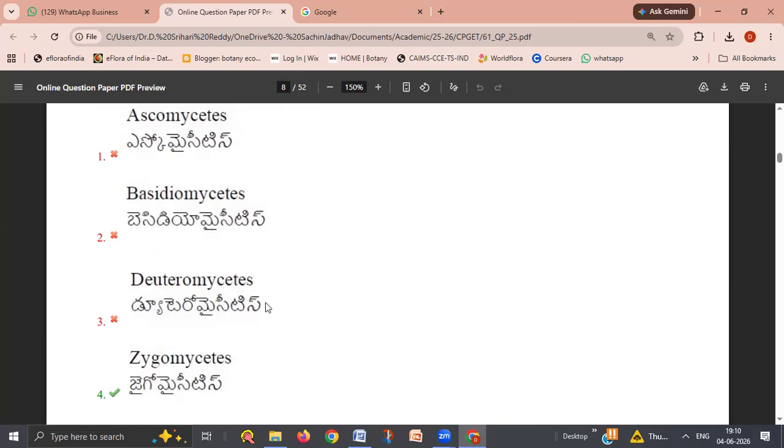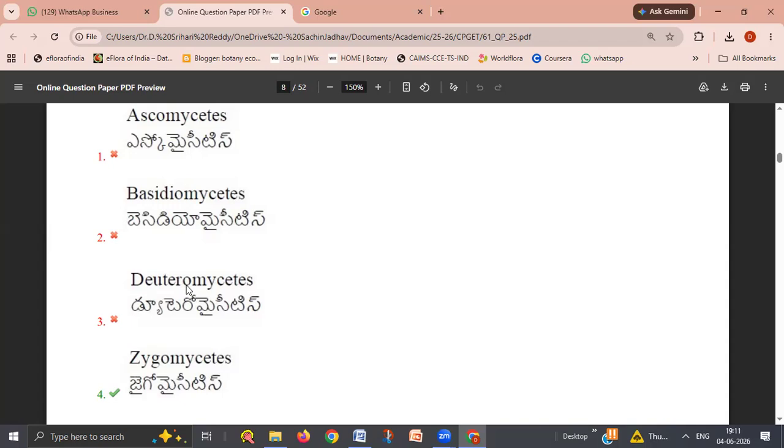They may ask sometimes, which of the following is called fungi imperfecti? Deuteromycotina or Deuteromycetes, because until now sexual reproduction is not observed in this class of fungal organisms. So they are called fungi imperfecti.